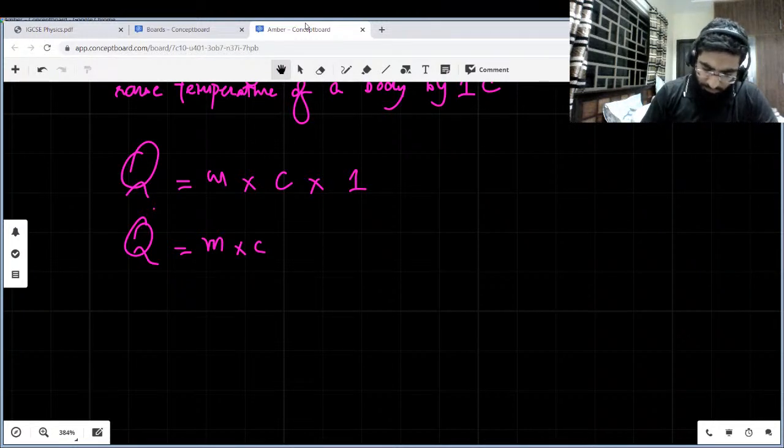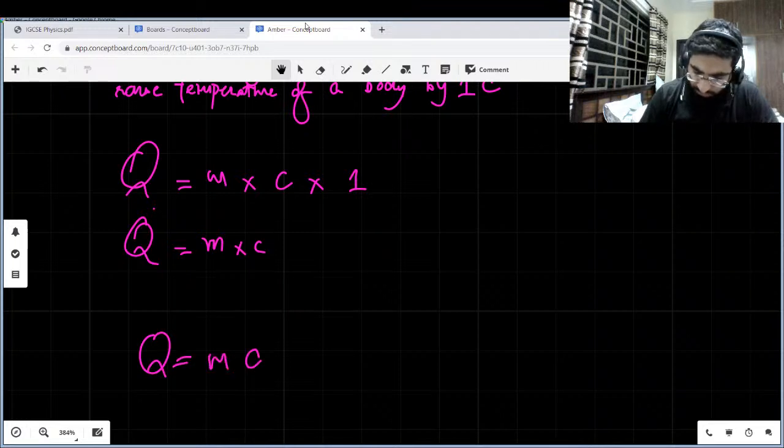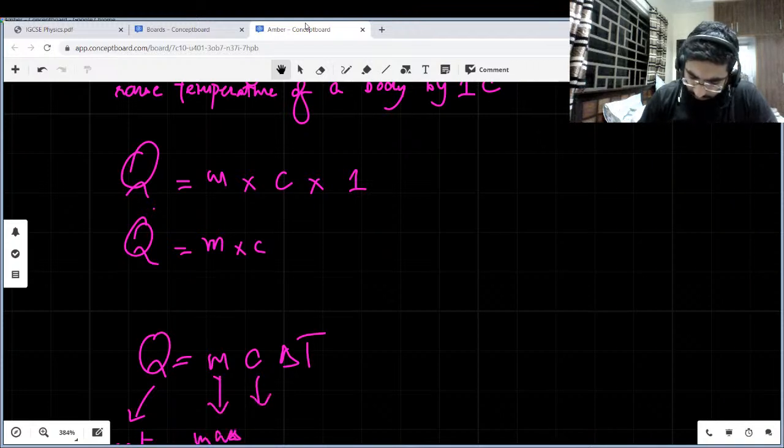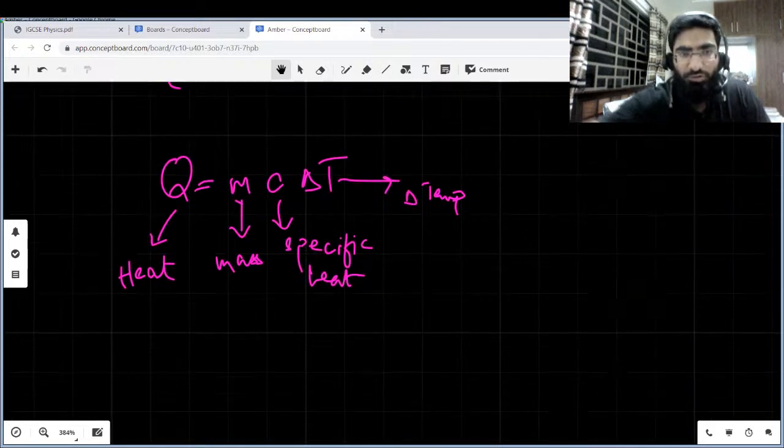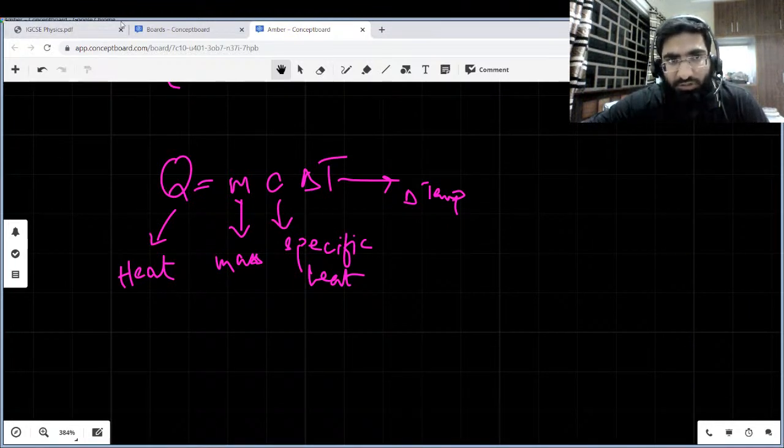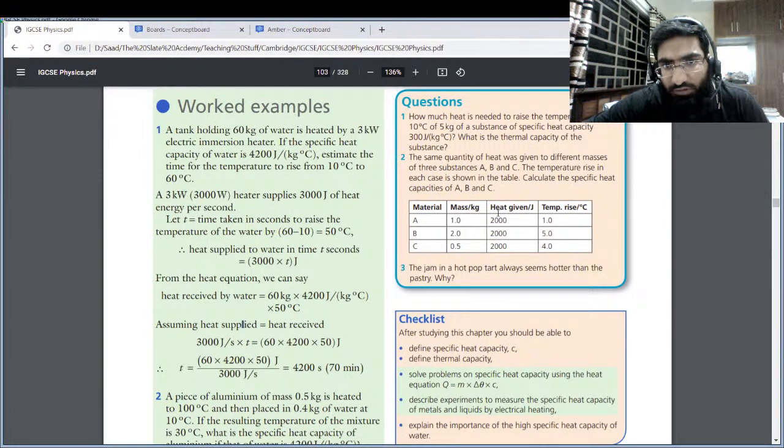So we have got this equation Q is equal to mc delta T. Q is heat energy, m is mass of the body, C is specific heat, and T is temperature or change in temperature, right?